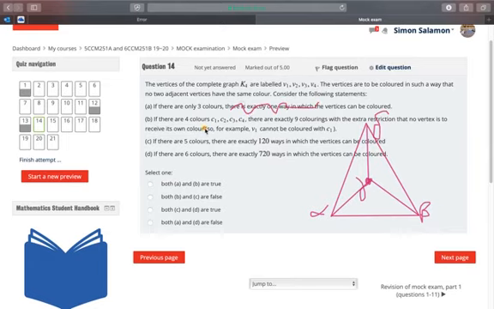Part B, if there are 4 colours, there are exactly 9 colourings with the extra restriction. Well, without the extra restriction, there would be 4 factorial ways of colouring the vertices, because these vertices and these colours are labelled, so we could give any of 4 colours to the first vertex, that would leave 3 colours for the next one, and so on. There would be 24 choices.